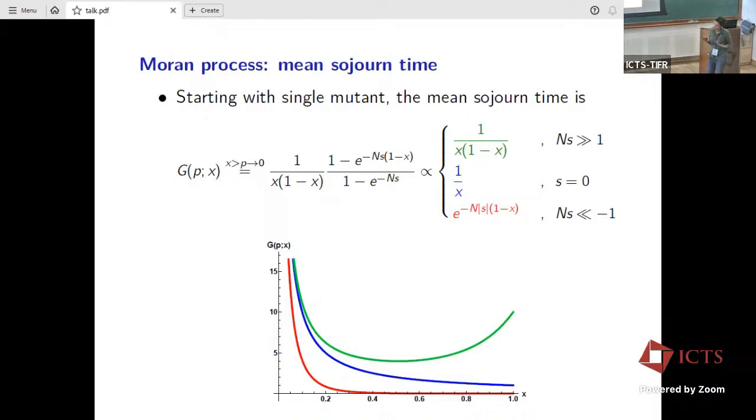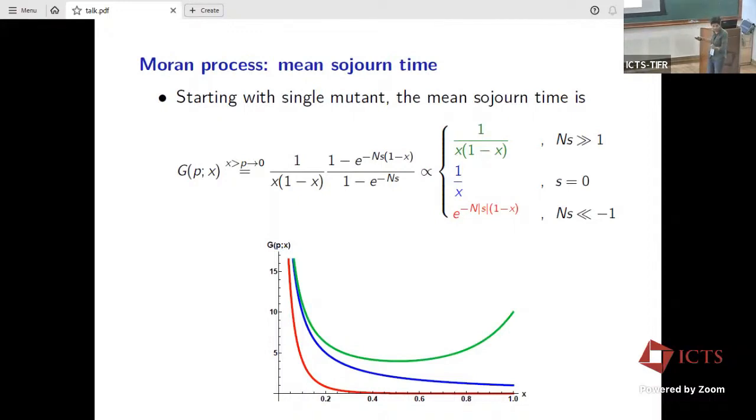And that is intuitively clear because, as we discussed yesterday, in the neutral case, because we're starting with a single mutant, most of the time it will hang around 1, 2, 3, and will get absorbed. So it's unlikely that it will reach high frequencies, right? The chances of getting high frequencies will be low, and that's why it's a decreasing function.